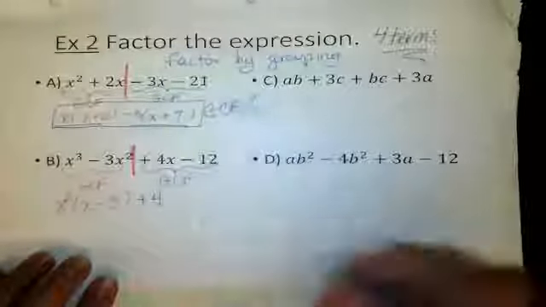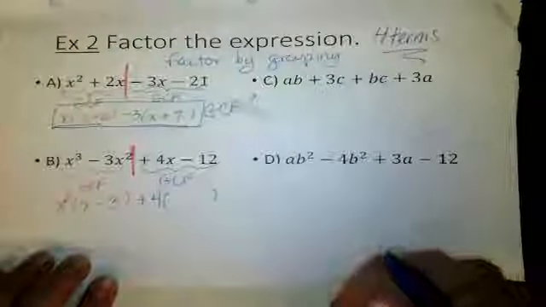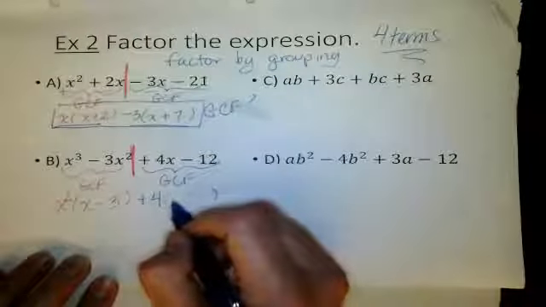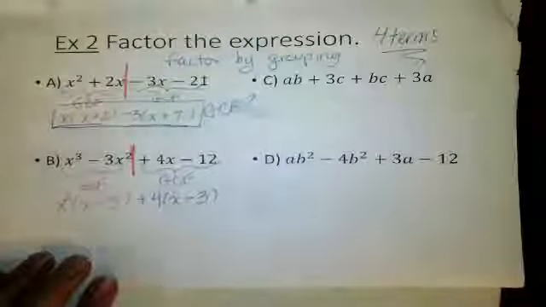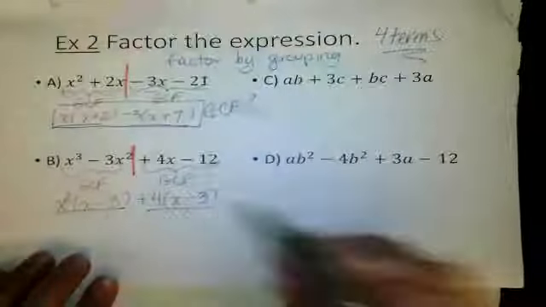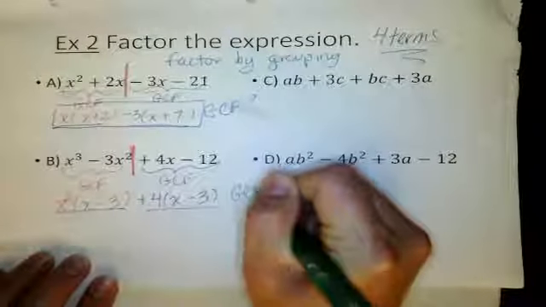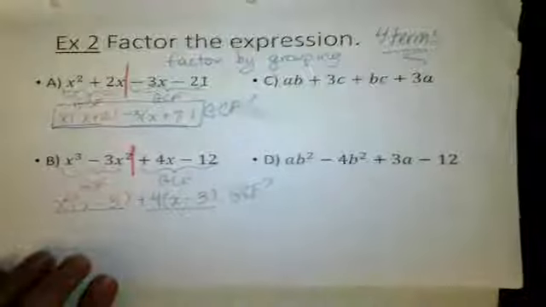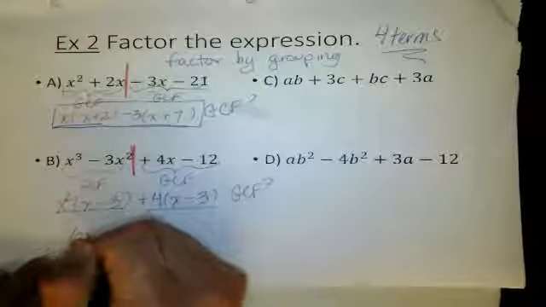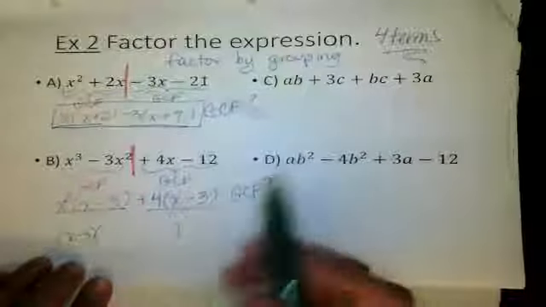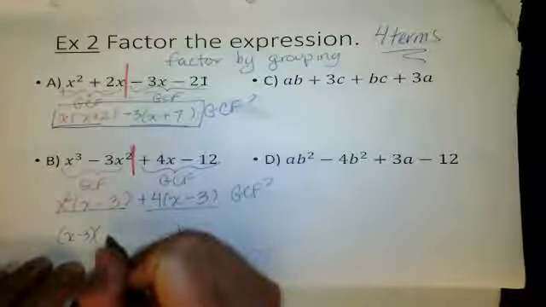Positive 4. You always need a sign. So we're going to take out the positive 4, and what's left behind? X minus 3. Okay, very good. Now this is going to work. Now I have 2 terms, and we ask ourselves one more time, what do they have in common? X minus 3.